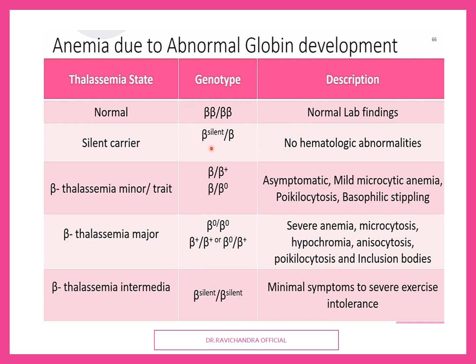In beta thalassemia major, there will be severe anemia, microcytosis, hypochromasia, anisocytosis and poikilocytosis, and there will be inclusion bodies. In beta thalassemia intermedia, there will be minimal symptoms and there can be severe exercise intolerance. Out of these, beta thalassemia major will have more morbid effects when compared to other thalassemias.